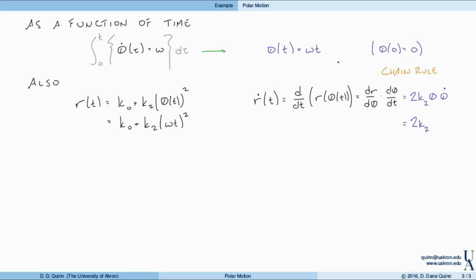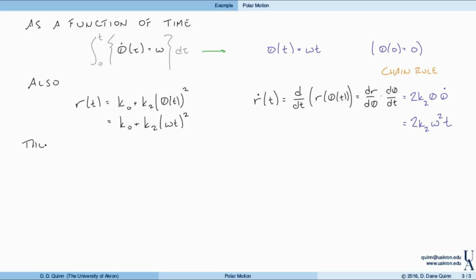Here, theta is omega t, and theta dot is simply omega. So we end up with omega squared times t. Notice that the radius increases quadratically in time, and r dot, the derivative of the radius, increases linearly in time. And this is exactly the same result that we would get if we simply took the derivative of this with respect to time.